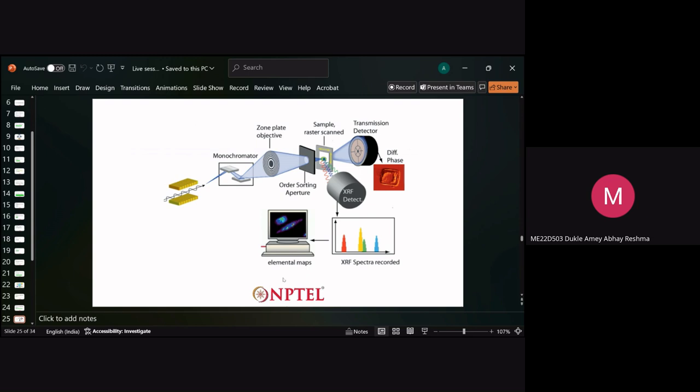Based on that, you get a spectrum, and that spectrum is correlated with a reference library, and you are able to identify the material. Since you are getting fluorescence here, it is called XRF, and for gadolinium it is quite widely used because gadolinium is a contrast agent.